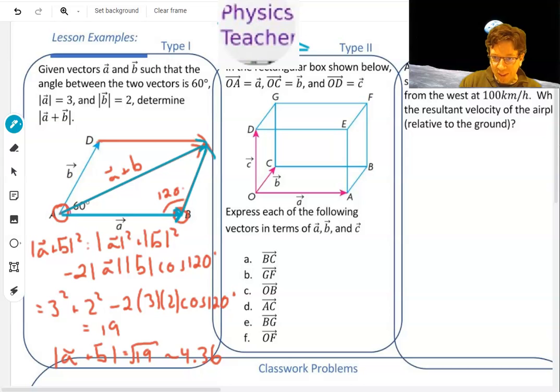And so what you're really solving for, if you take this other diagonal, going from here to here, you would be solving for B minus A. Okay, so be careful not to take the other diagonal, because then it's going to be like what we have up here.